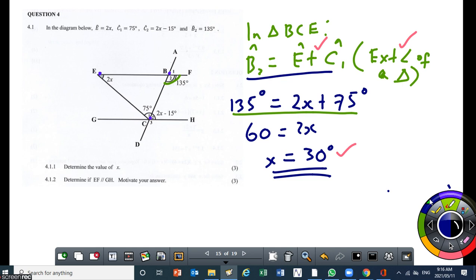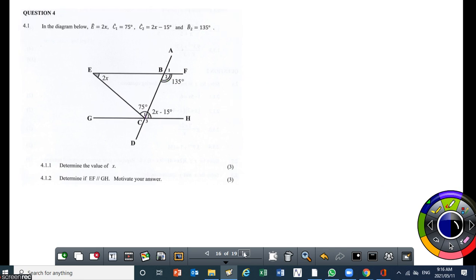So we are going to use co-interior, alternate, and corresponding to prove that those two lines are parallel. Now that I know that x is equal to 30, let me move on to the next page. So x is equal to 30.